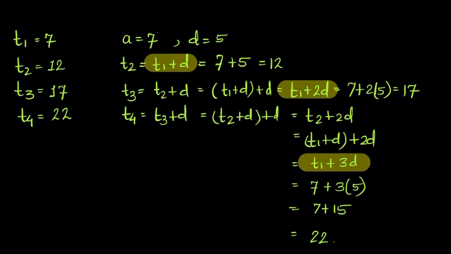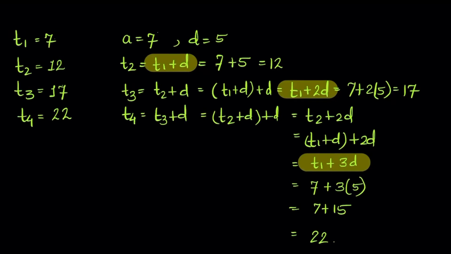So if I am asked to find the 100th term, then what will I do? I will do T1 plus 99 times the common difference, right? So to find the 1000th term, I will do T1 plus 999 into D, right?